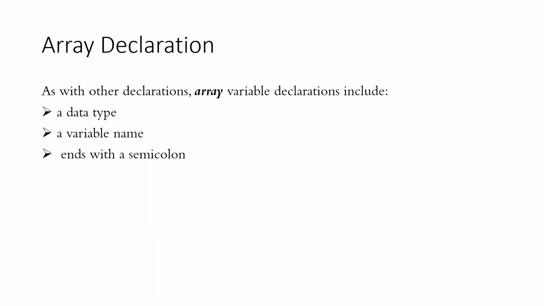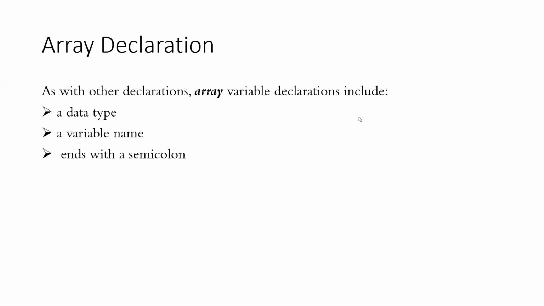In other words, we have to specify whether the array contains integer values, or double or floating type values, or characters, let's say. Then we also have to specify the name of the array variable, and we have to end the declaration with a semicolon, right?